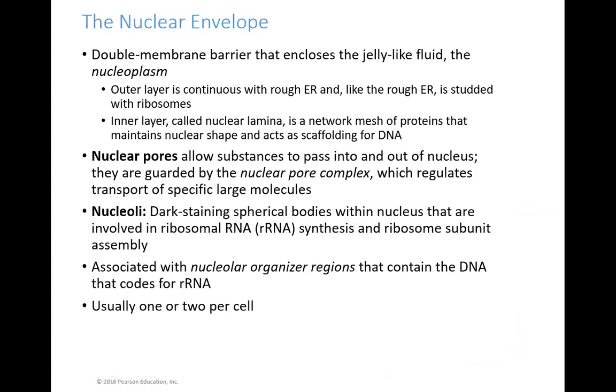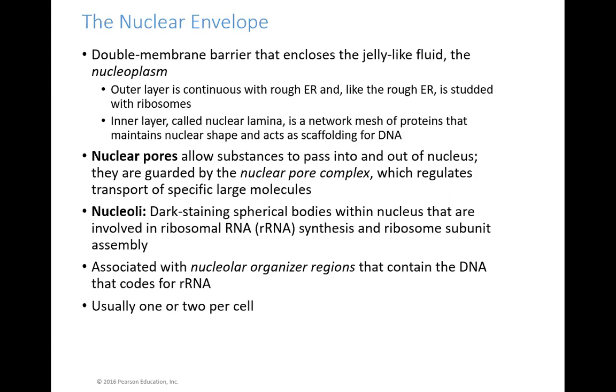Within the membrane, we have holes. We have these nuclear pores I mentioned. They're just openings so that RNA can go out to the ribosome. That's all they are. The nucleolus is where we manufacture the RNA, particularly for the ribosomes.